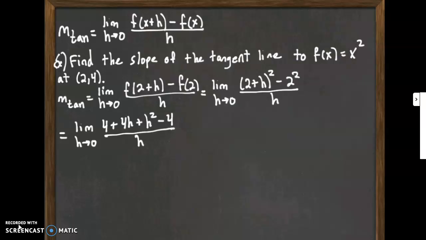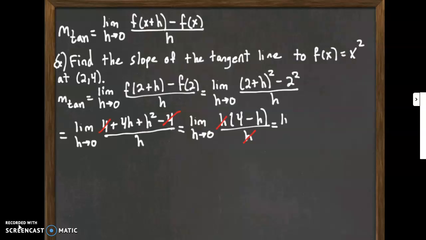And now that's good because we have something that can simplify. The 4s can just cancel out. And then I want you to notice that the h's that remain in the top can be taken out as a common factor. So we can take an h out of both things remaining in the top, leaving us with the limit as h goes to 0 of h times 4 plus h, all over h.